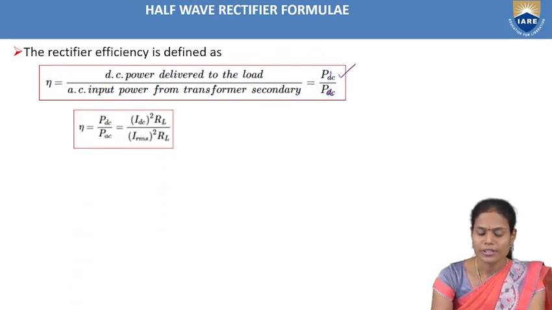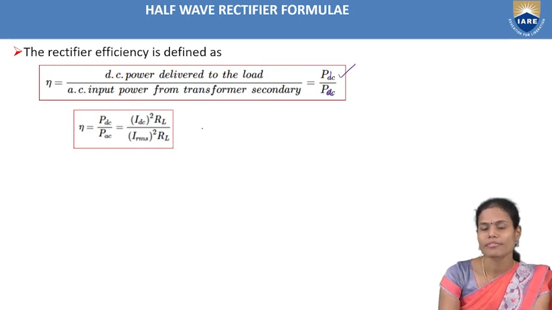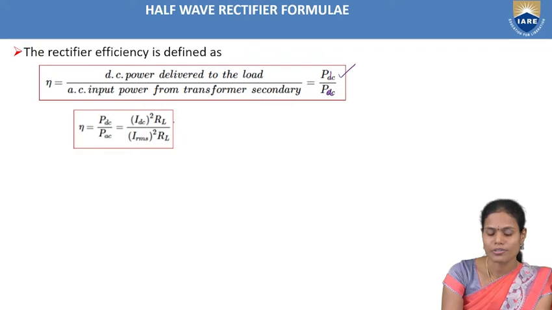This PDC value we can write in terms of current as well as voltage. Here I have taken it in terms of current. So DC power is IDC square into RL and PAC is IRMS square into RF plus RL.